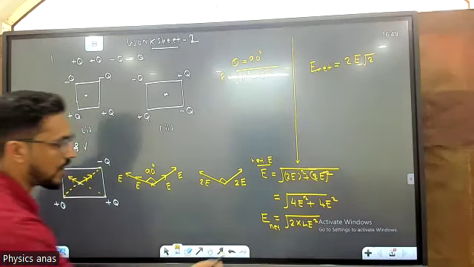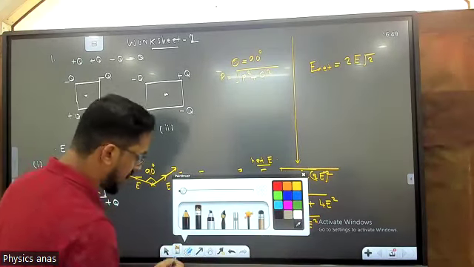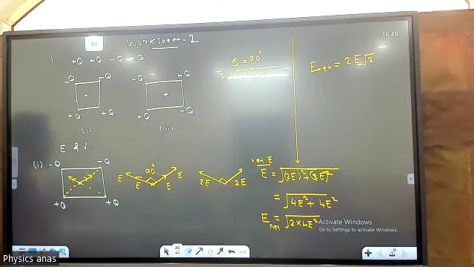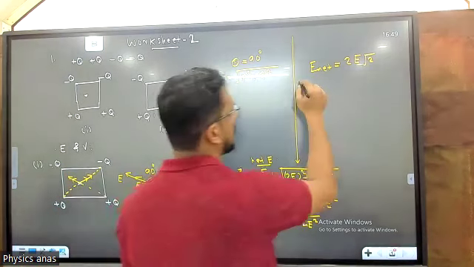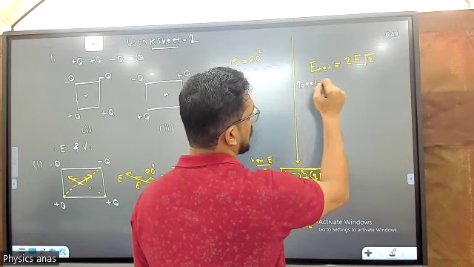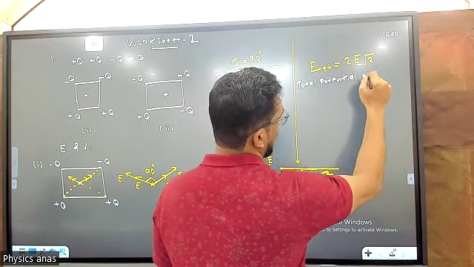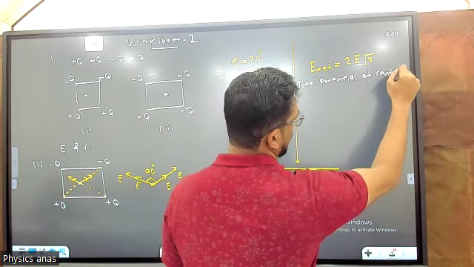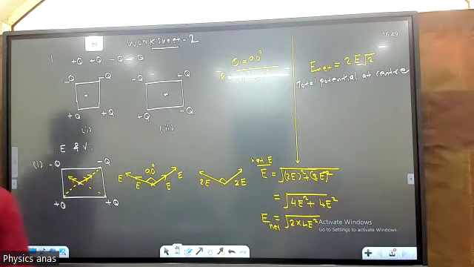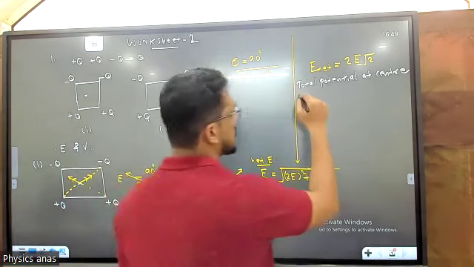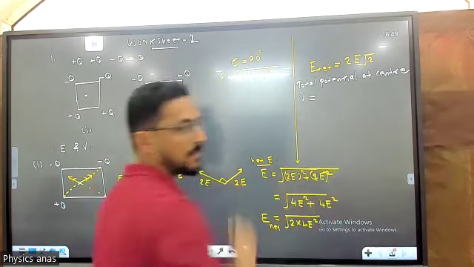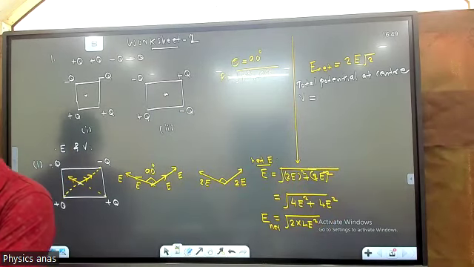And how can you find the total potential at the center? Just give it a V. What will be the total potential?